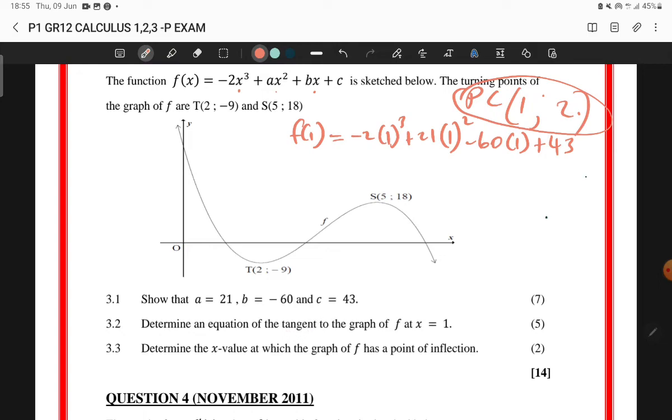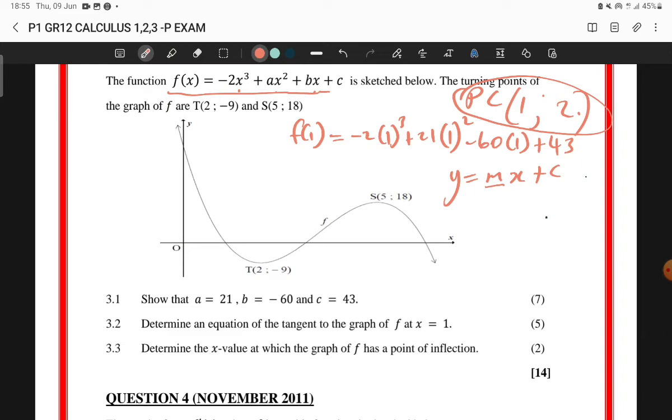Now let's continue. We know that the tangent is just a straight line, which is defined as mx plus c. So we really need to know the gradient of this tangent. Now, how do we determine the gradient of the tangent when you don't even have 2 points on a graph? The idea is that we know our function is here and we can find the derivative of this function.